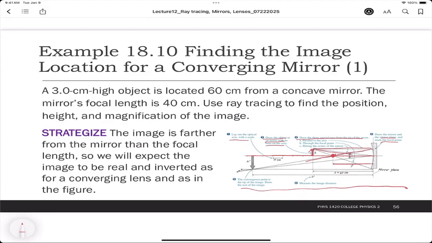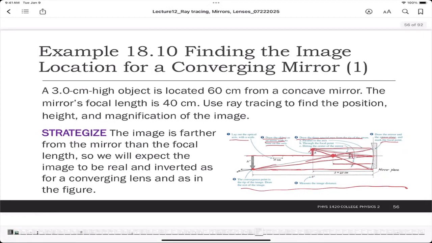This one goes to the center with the same angle. And this one goes through the focal point and then parallel to the axis. You just draw the extension lines, and then they will converge to one point. This point is the real image. So these are the steps for how to do the ray tracing to find the image.